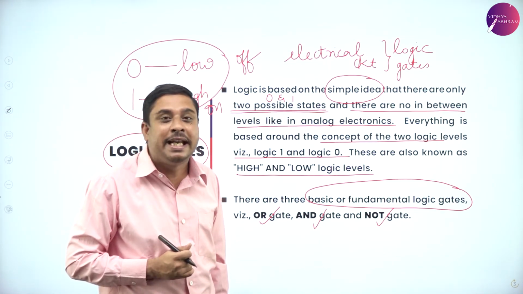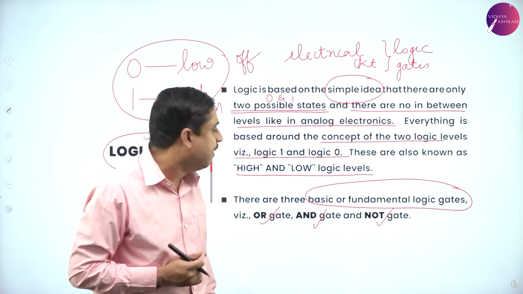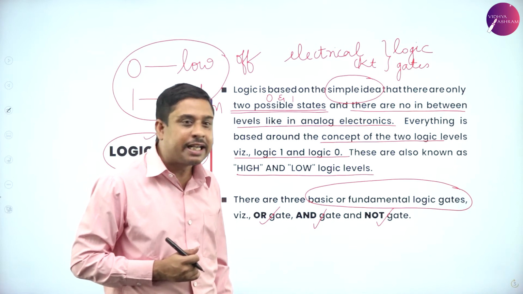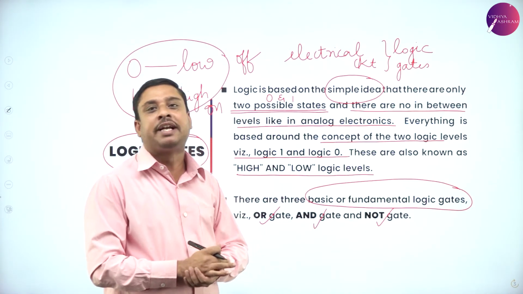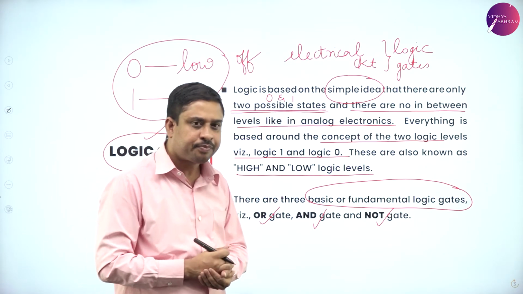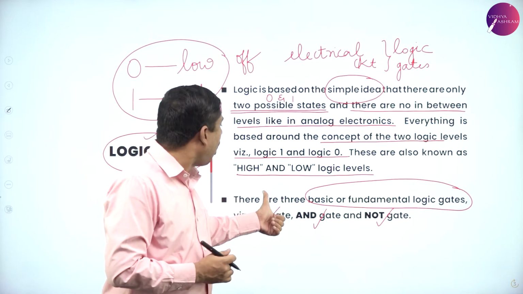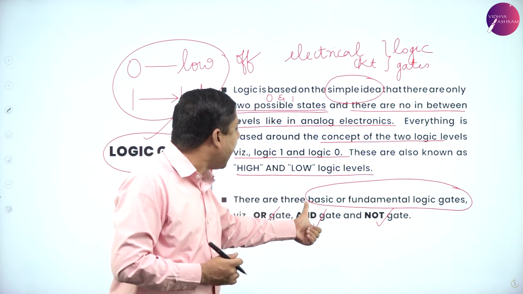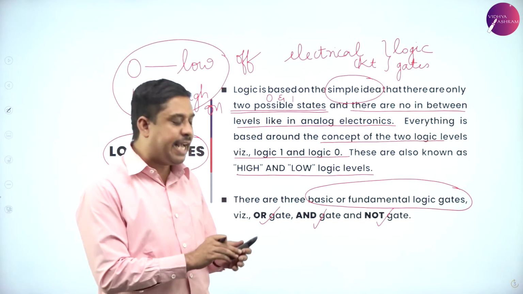And how many fundamental logic gates? Three. Which are they? OR gate, AND gate and NOT gate. Now, we shall discuss the OR gate, AND gate and NOT gate in detail.